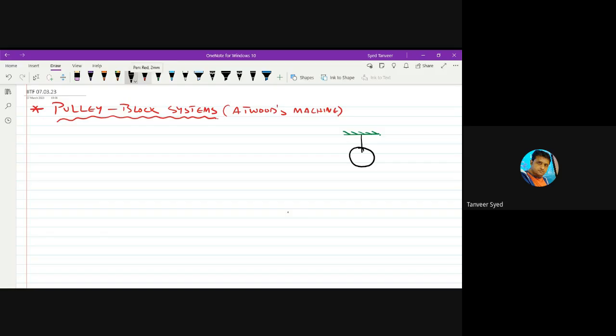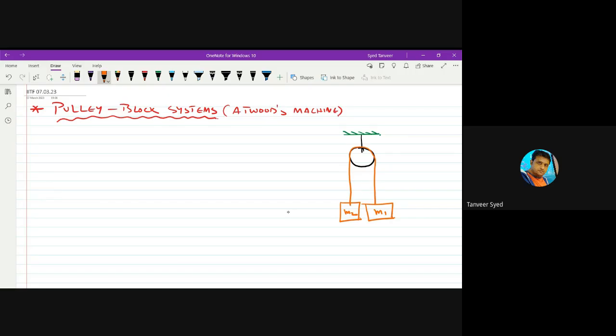Okay. So from such a pulley, we are running a string over the pulley, and to one end of the string, let us say we are tying a mass m1, and to the other end we are tying a mass m2, and both m1 and m2, let us say, are released from rest.